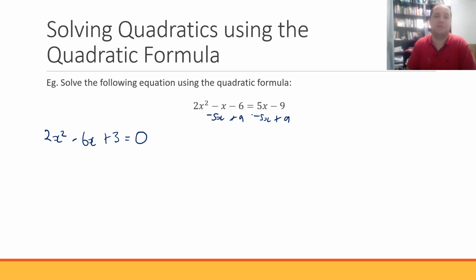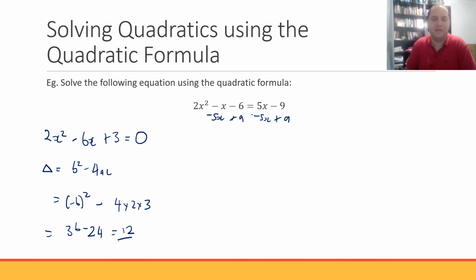Now a good start is to determine our discriminant. It's b squared minus 4ac, negative 6 squared minus 4 times 2 times 3. So that's 36 minus 4 times 2 is 8, 8 times 3 is 24. 36 take 24 is 12.